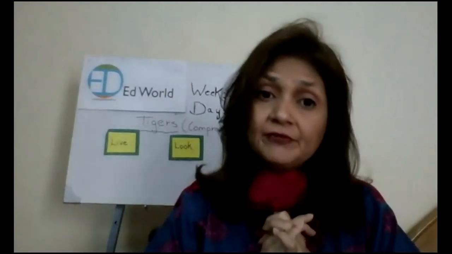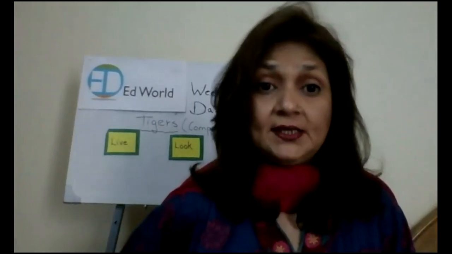Now, we'll be reading the information about tigers from the Nelson English book. Later on, we are going to discuss what information was in that text. So I want you all to please pay attention to whatever I am reading, whatever is there in your text, right? Because later on I might ask you questions about that text.